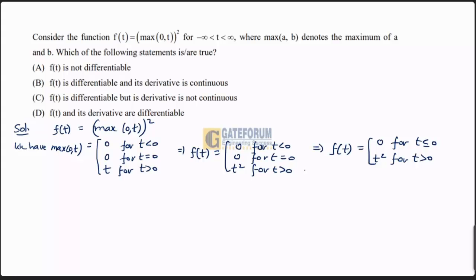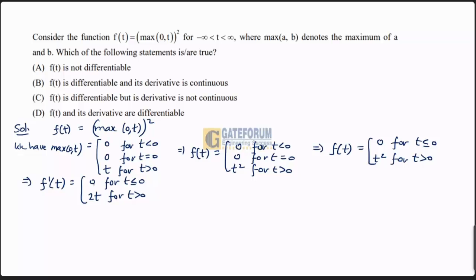So to find the usual derivatives f dash t and f double dash t for this type of function defined in different subintervals: f dash t, the first derivative, is 0 for t less than or equal to 0, and the derivative of t squared, 2t, for t greater than 0.